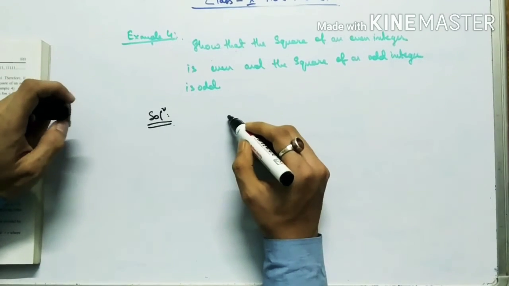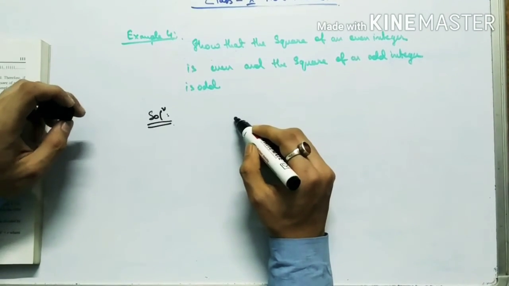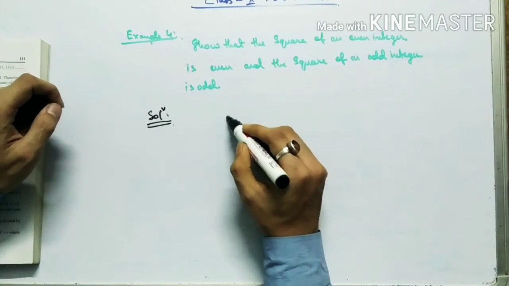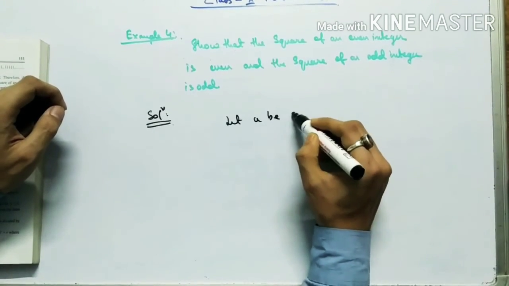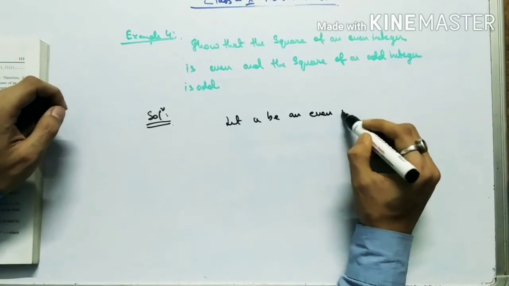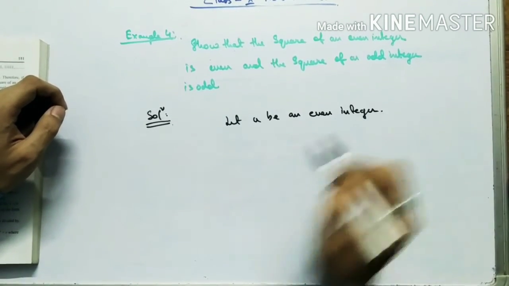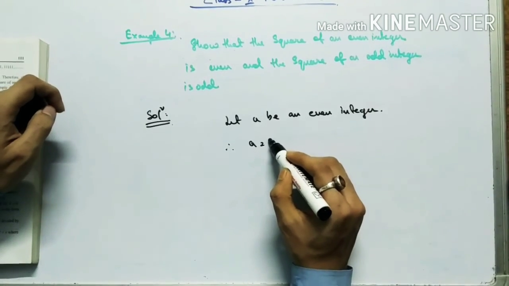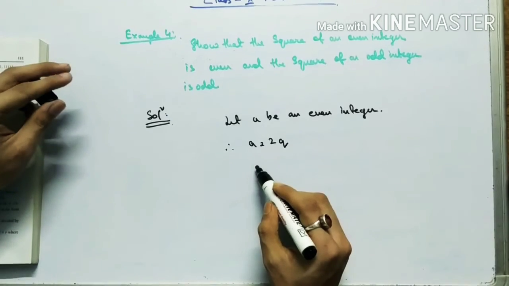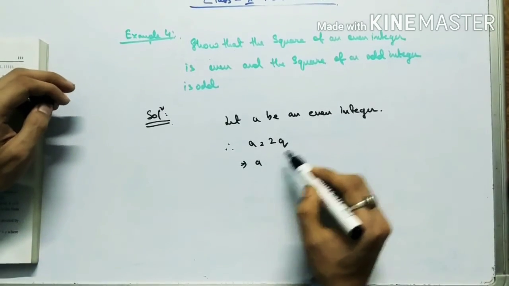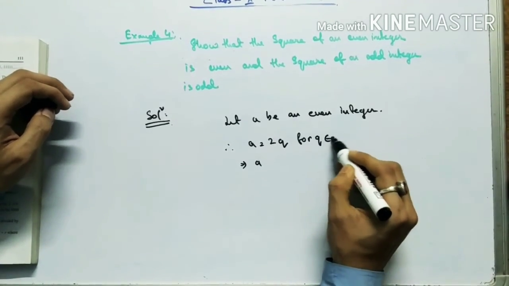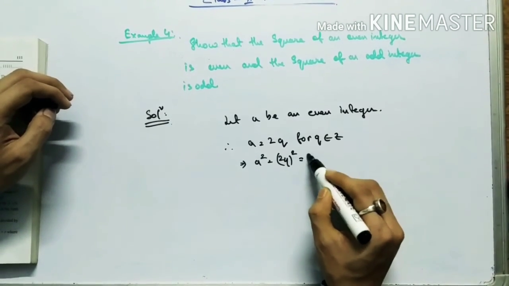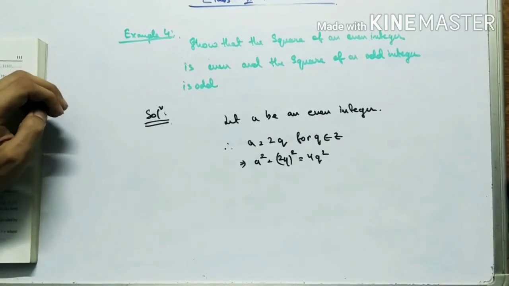So now you see, let a be an even integer. So therefore I can write a is equal to twice q, for q belongs to Z. Now a square will be 2q the whole square, which is equal to 4q square.